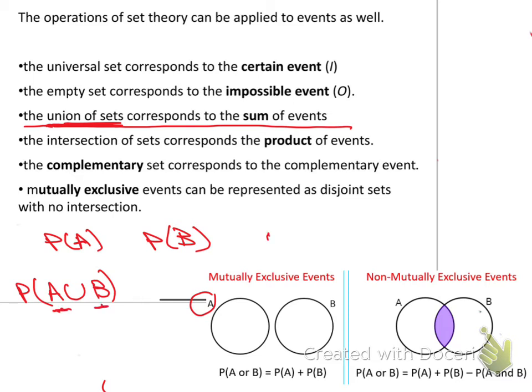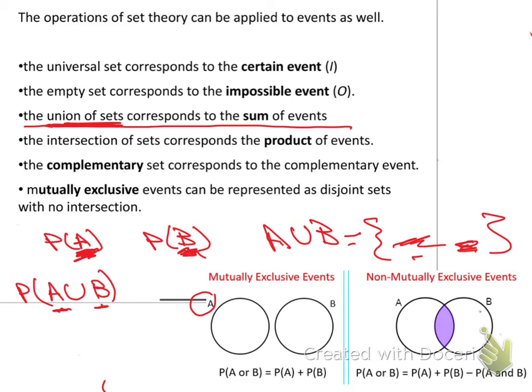So A united B is a set which is bigger than A and bigger than B. A big basket in which we can put a lot of stuff. We can put all the items of A here and all the elements of B here also. Okay, so it will be a big basket, A united B.